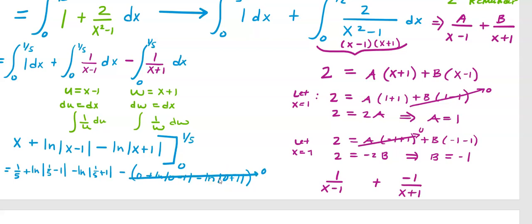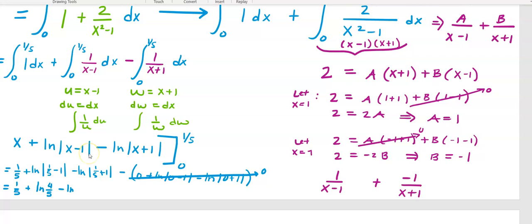So I just need to worry about this first part. Here we have 1/5 plus the ln of 4/5 using the absolute value idea, minus the ln of 6/5. I started to write the absolute value bars, but we don't need those anymore.